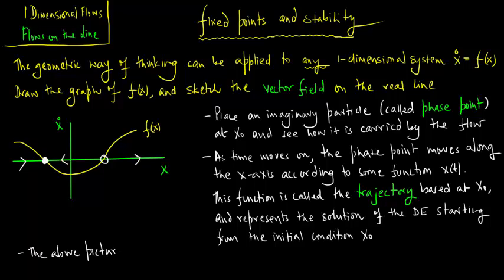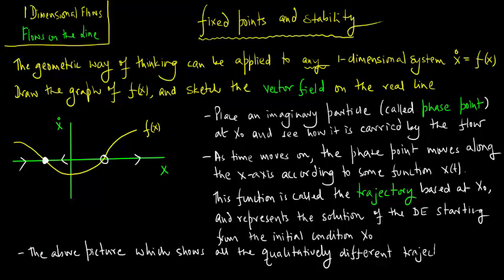The above picture, which shows all the qualitatively different trajectories of the system, is called a phase portrait.